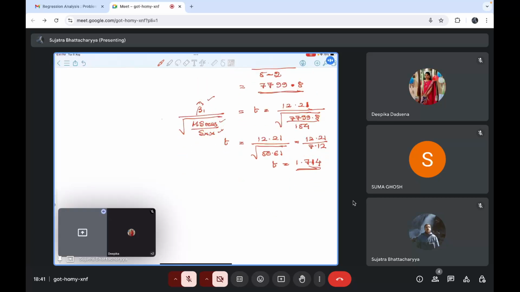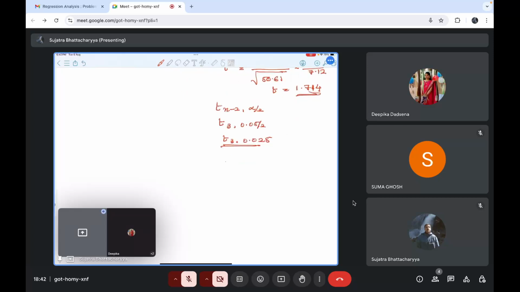Now what do we need to test it with? We need to test it with t of n minus 2 comma alpha by 2. I have said 5% significance level and it's a two-sided test. So it will be t of 5 minus 2, which is 3, and alpha by 2 is 0.05 by 2, so t of 3 comma 0.025. Against this we have to test.